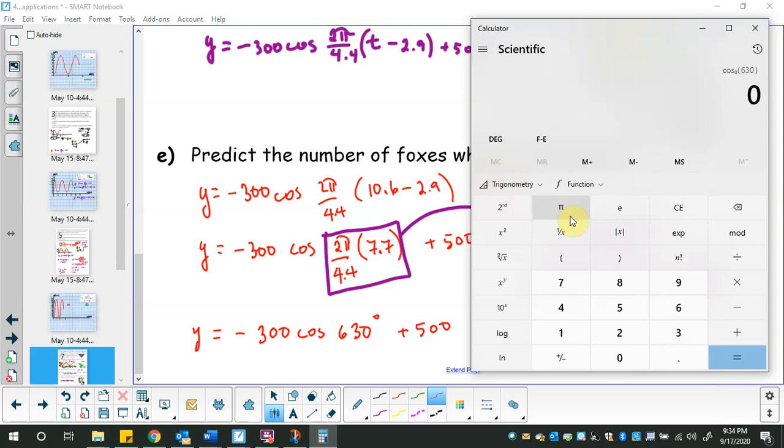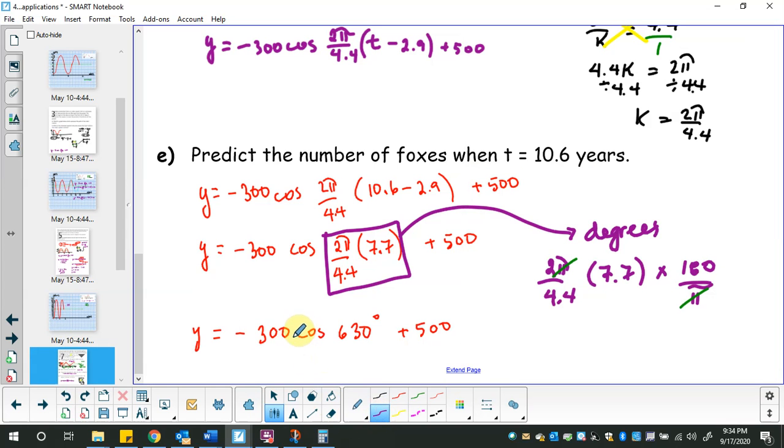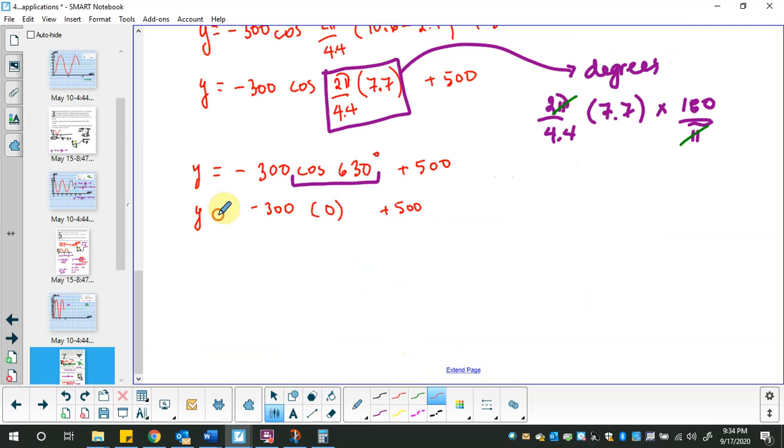630. Hit the cos button. I get 0. So this quantity right here is 0. And 0 times negative 300 is 0.